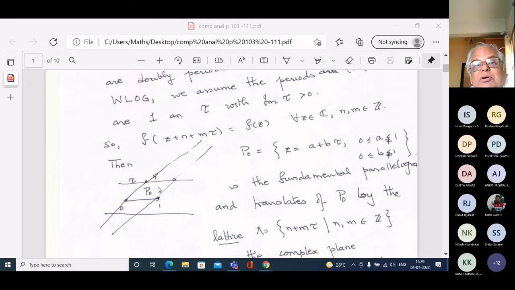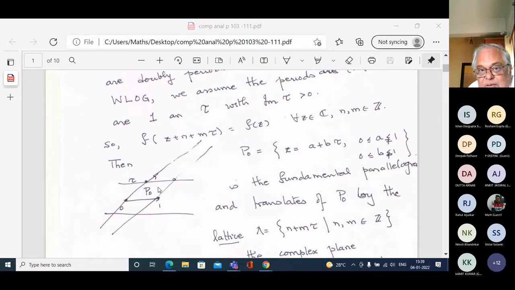Okay, so what we are looking for are meromorphic functions f which are defined on the complex plane. So you can have poles, and they satisfy this periodicity condition: f(z + 1) = f(z), and f(z + τ) = f(z), where the imaginary part of τ is greater than 0.